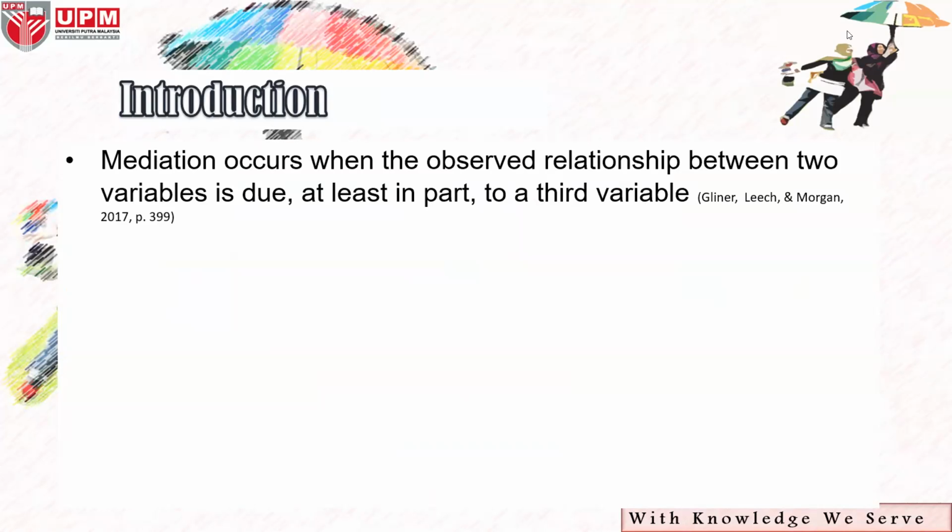Because in social life ni we cannot conclude that the relationship between the two variables ni is solely because of that IV. Tak boleh dalam dunia sosial ni. Takkanlah kita stress tu sebab attend kelas saya je. Contoh, kan? Boleh jadi stress tu sebab kawan, boleh jadi, ataupun stress tu sebab connection.